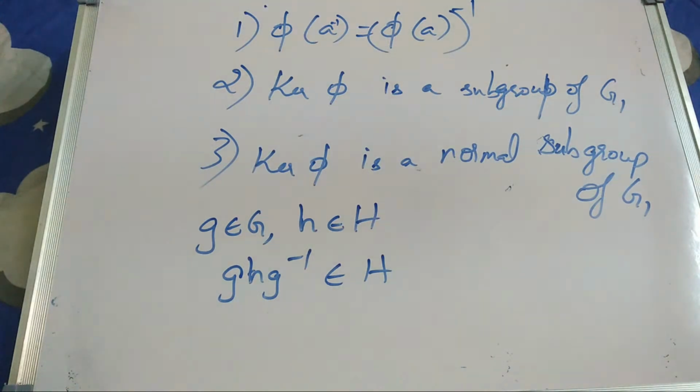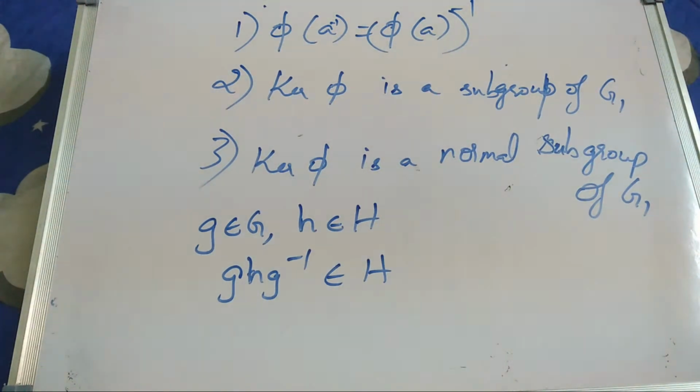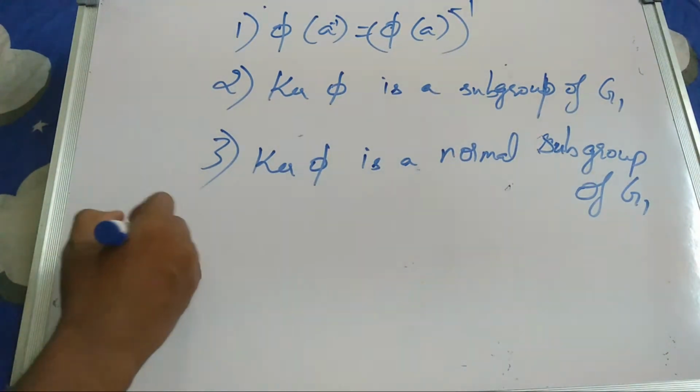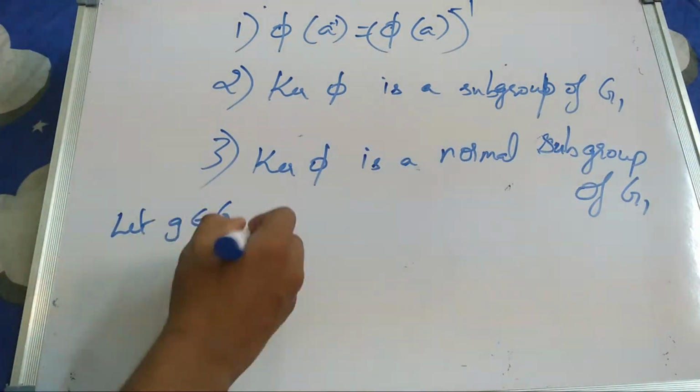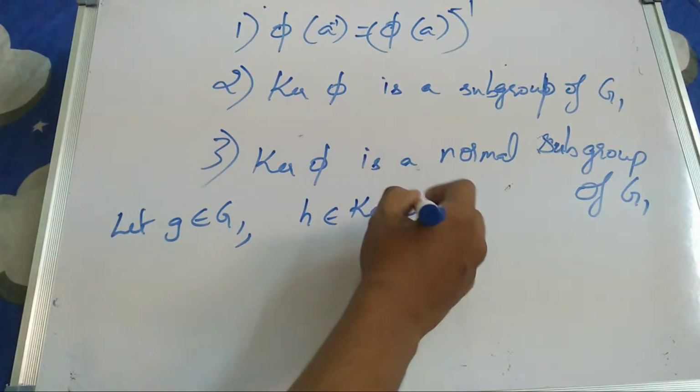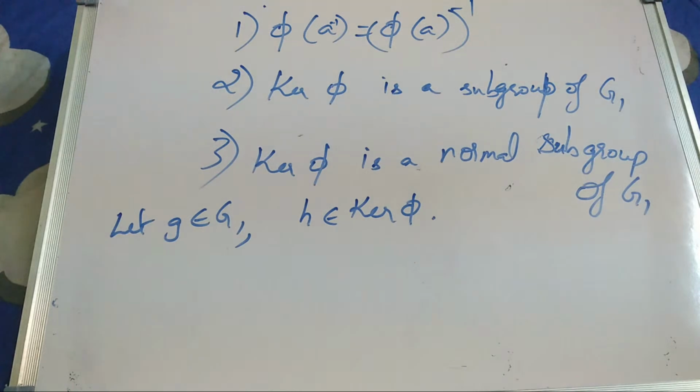Okay. Good. Now here our group is, let g belong to G1 and let h belong to kernel phi. Consider two elements. We need to show g h g inverse belongs to kernel phi.